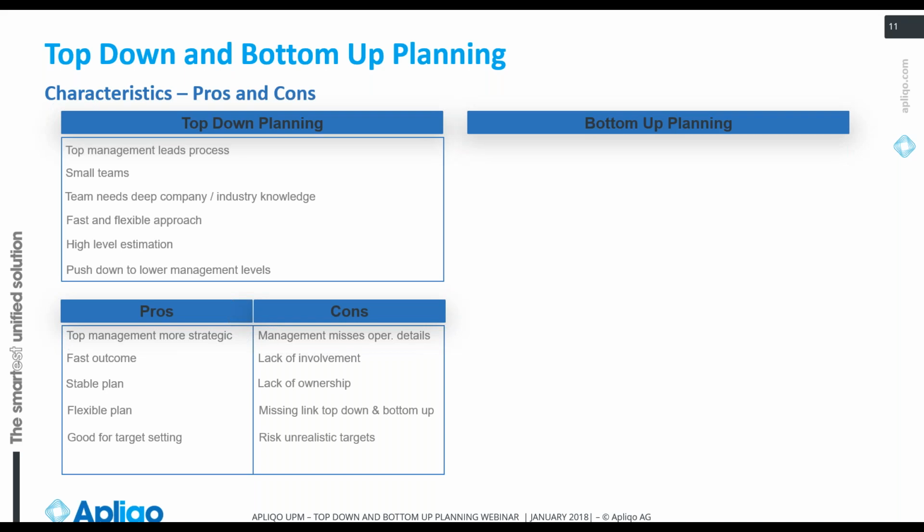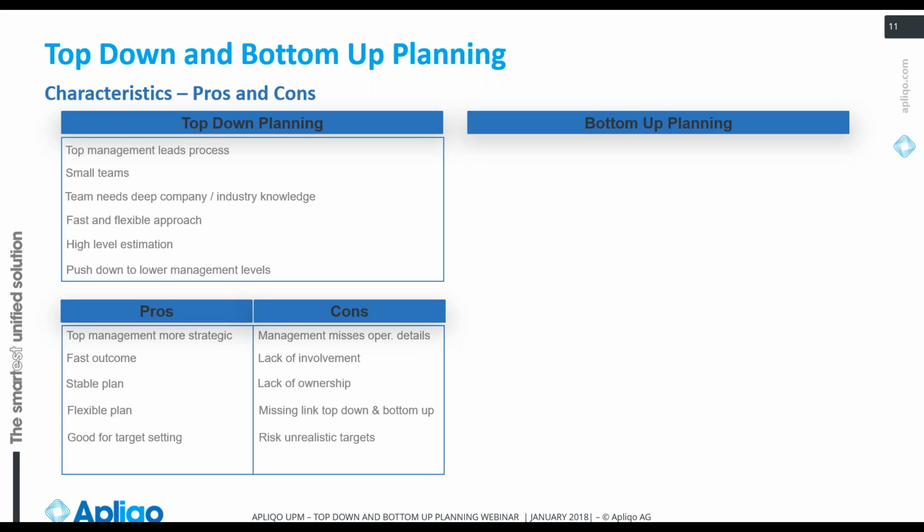Quite often what we see is that the management misses operational details, maybe important information about supplier availability or product availability, about the current sales order situation, backlog situations, issues with product life cycles or product development. Very important operational information is from time to time missed in top-down planning.